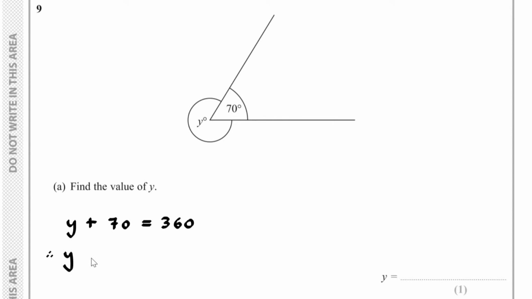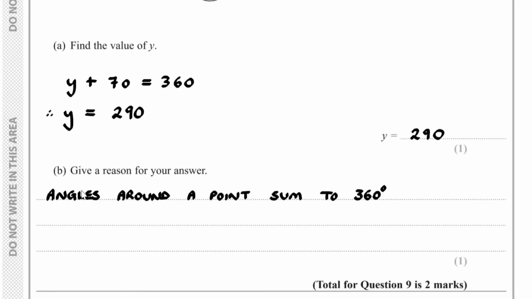And if I subtract 70 from both sides, it turns out y equals 290. So y equals 290. And for part B, giving a reason for our answer, angles around a point sum to 360.